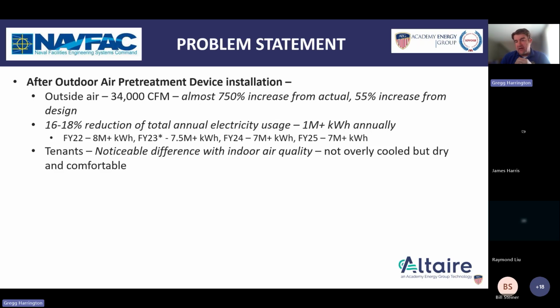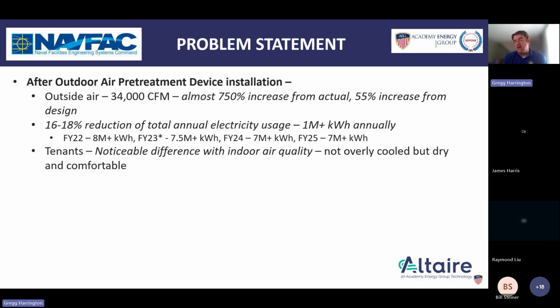And this is where we saw a huge savings. Roughly 18% of the whole building energy consumption, over 1 million kilowatt hours annually, were saved by utilizing this decoupling approach.